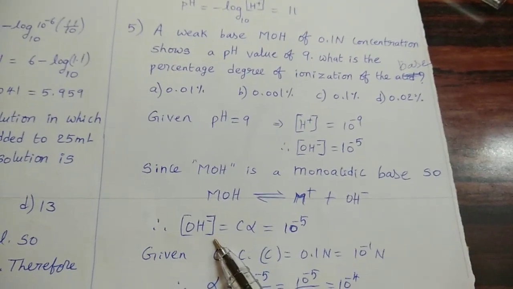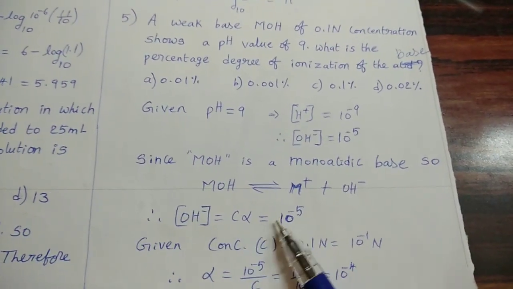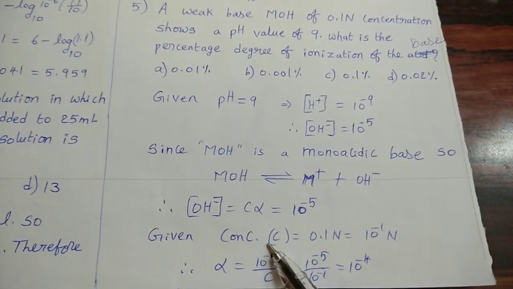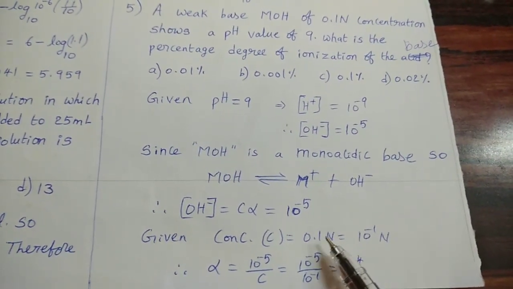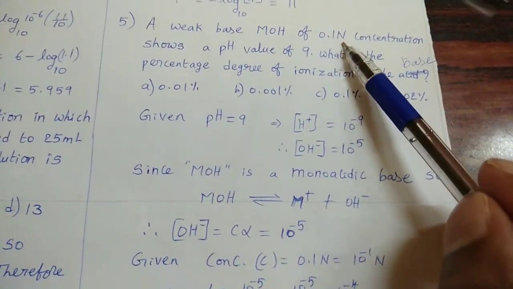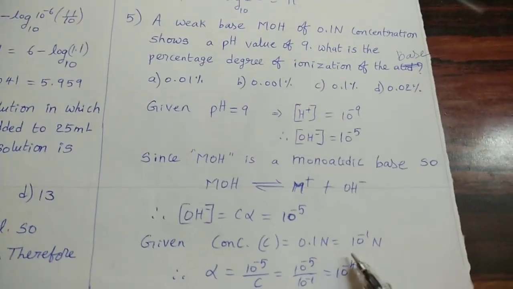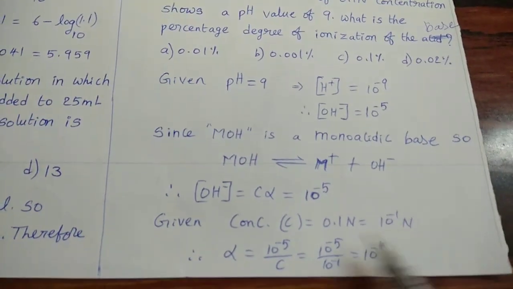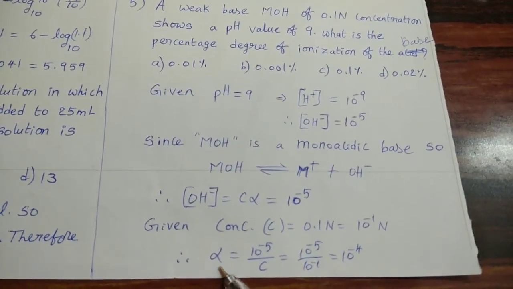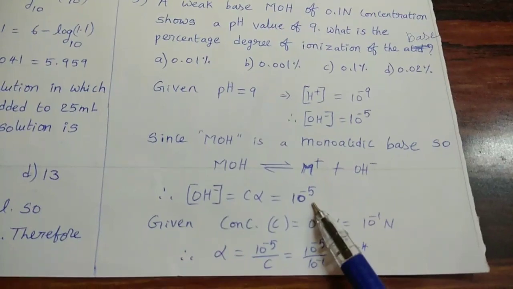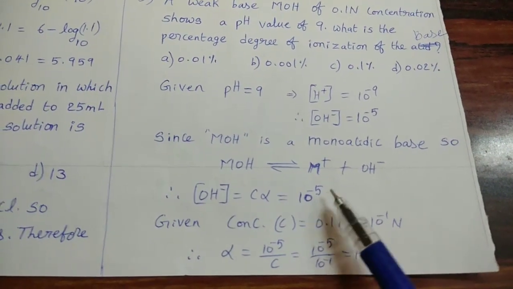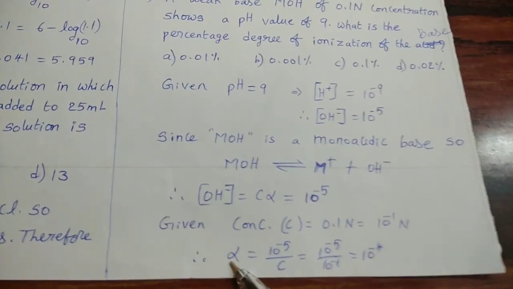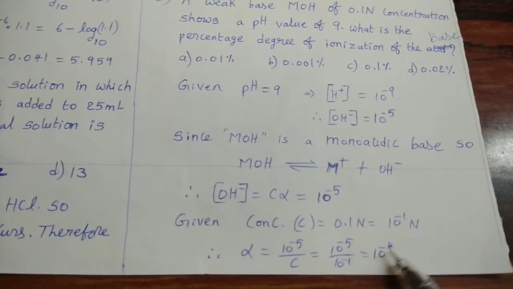So OH minus ion concentration equals C alpha, that equals 10 power minus 5. Given concentration C equals 0.1 normal, it is given in the question. We can write this as 10 power minus 1 normality. Now alpha equals 10 power minus 5 divided by C. Substitute the C value here. Alpha equals 10 power minus 4.